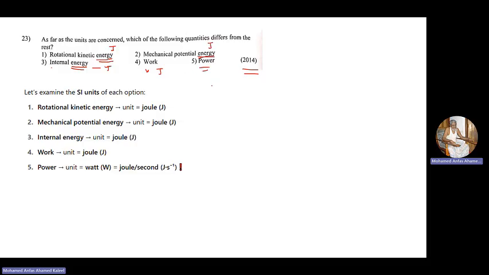Power is work over time, so it is measured in joules second minus 1. So power differs from the other four. It means the answer is 5. For the 23rd question, option number 5 is the answer.